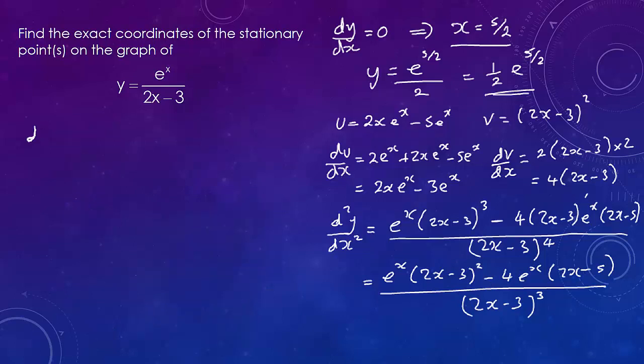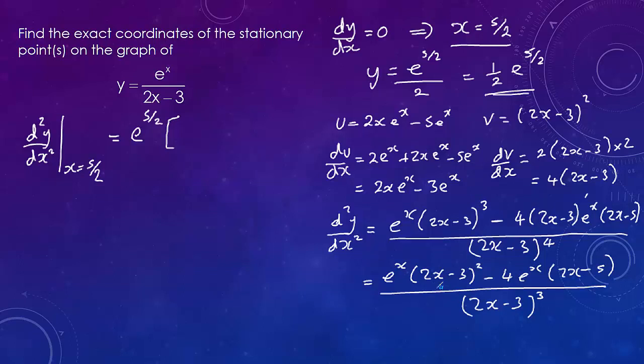But what we need is d2y/dx squared when x equals 5 over 2. And we don't actually need to work that out. We just need to know whether it's positive or negative. So it's going to be e to the 5 over 2. And that e to the x is a common factor, so we could take that out of the front.